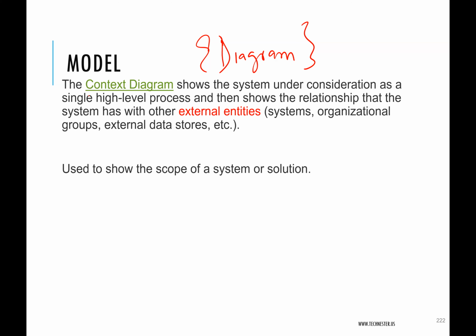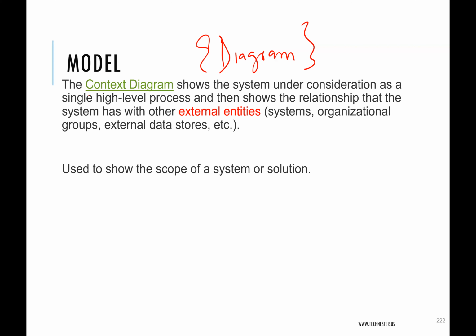So it's not showing the granular details. It's just like you flying in an airplane, looking down at your system. You can't see the particulars, the intricate information, the internal workings of the system. You can only see the system from very high in the sky. So that's what a context diagram does. It represents your system with this bird's eye view, this 10,000-foot view.